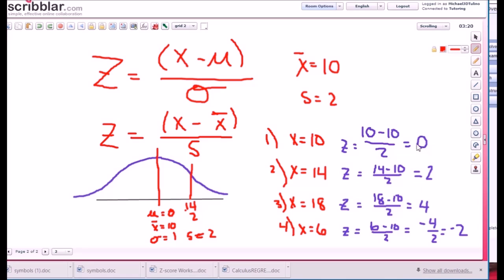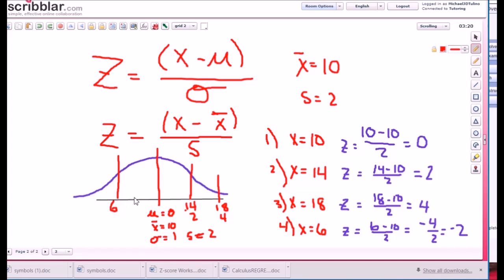So 2 standard deviations. Next one, 18, that's 4 standard deviations above the mean. That's going to be way out over here. And negative 2 would be down over here, so that's below the mean. Sometimes you hear expressions like, you're 2 standard deviations below the mean, or 1 standard deviation below the mean, or above it, like the 14, 18.